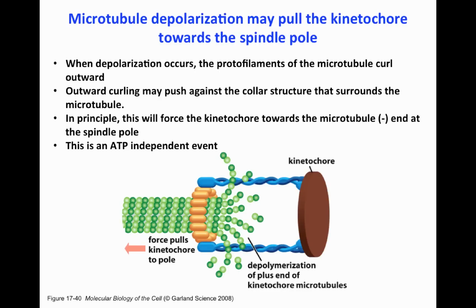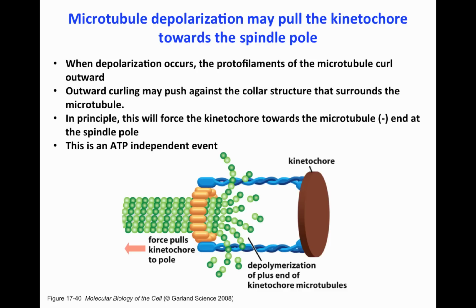So there are different forces that are working for the separation of the chromosomes during anaphase. When the depolymerization occurs, you have the protofilaments in the microtubule which are curling outwards. As you remember, this is part of the catastrophe event.